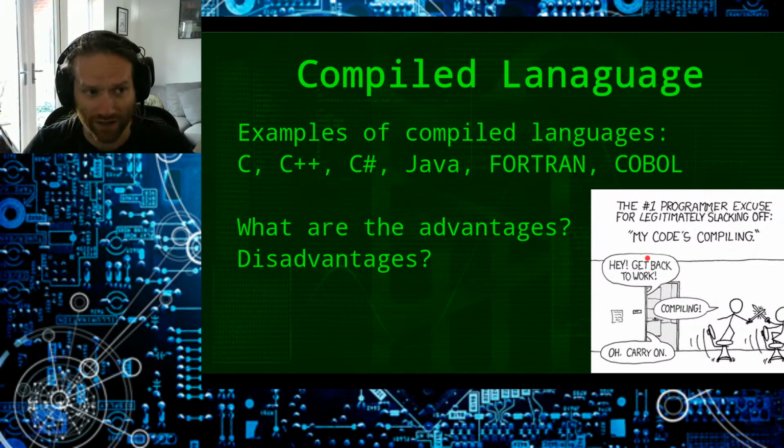And when I say a long time, I mean it can take hours, hours and hours, depending on how big the code is and what sort of system you are using. And obviously, if you've been compiling for hours and then there's an error in your program, well, okay, fix that error, start compiling again. So that can be a downside.